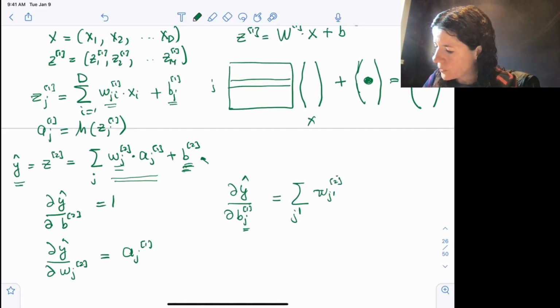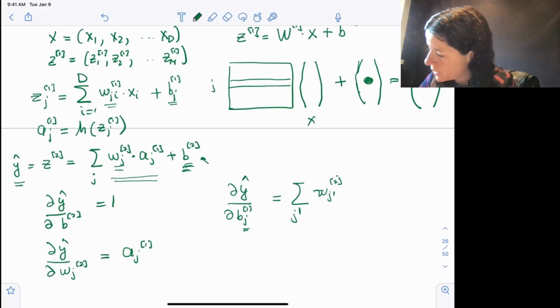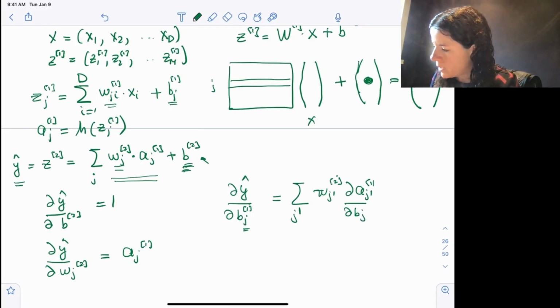What depends on b_j is the a_j itself. So we have da_j'^(1)/db_j, and there is a prime here. And b^(2), this part here, doesn't depend on b_j^(1) either, so we can take it off.